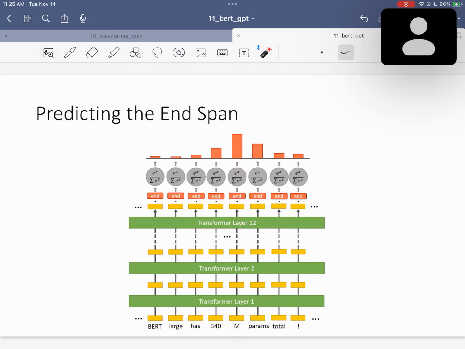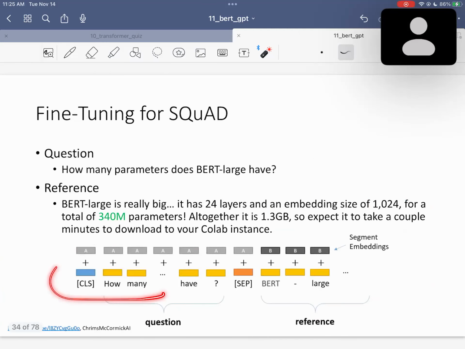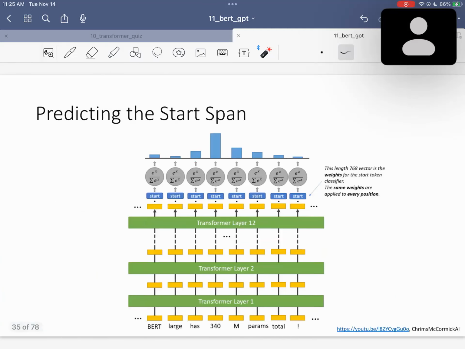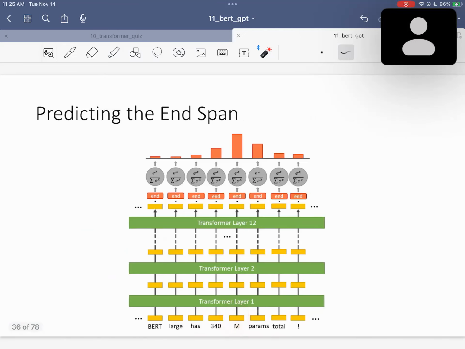That's how you train it with negative log likelihood. So it's pretty simple, right? You just put 2 sentences in, and out of the reference tokens, you already know the answer, with start being here and end being here, and you just put negative log likelihood or cross entropy loss on it. That's how you fine tune it.